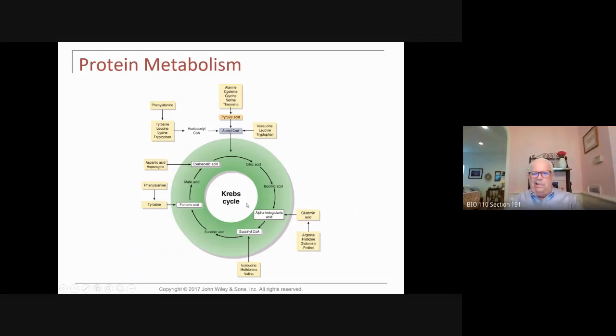Protein metabolism produces from the Krebs cycle all the amino acids. Here are all the amino acids except for a few. There are a few missing. No, they're not. Here, I found them. These are the 20 essential amino acids that are produced in the Krebs cycle. And no, you don't have to know all the amino acids.